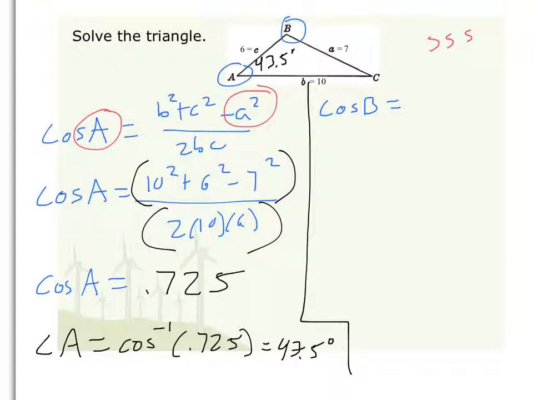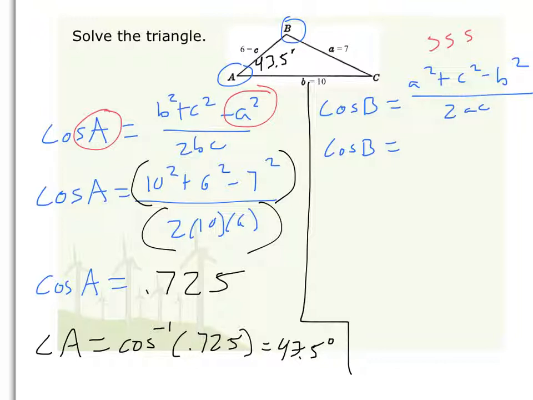Here we would have, as far as the form, this would be a squared plus c squared. The only time side length b should show up is minus b squared on the top over 2ac. And again, this is really the step.